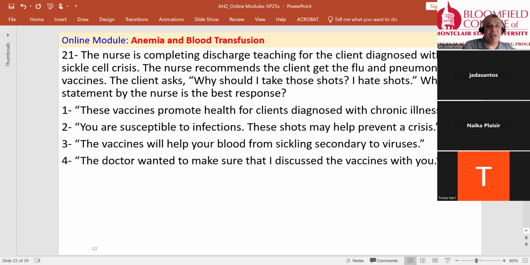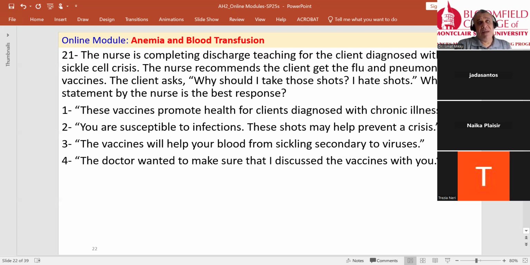The spleen is involved in every single crisis, and it is part of the immune system. So 2, yes, is the correct answer.